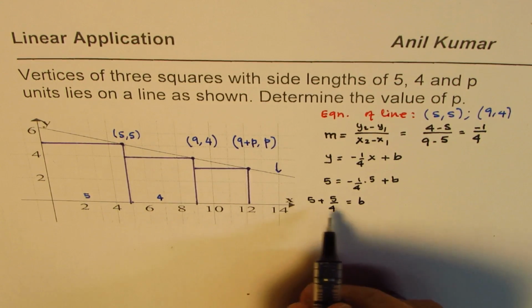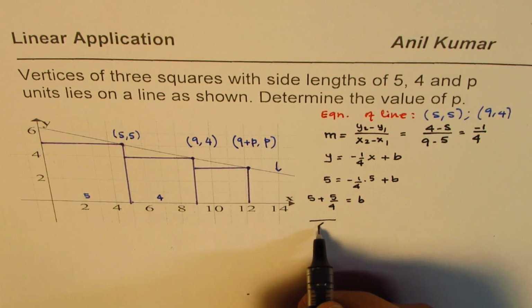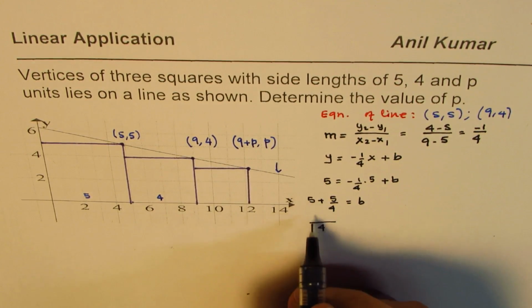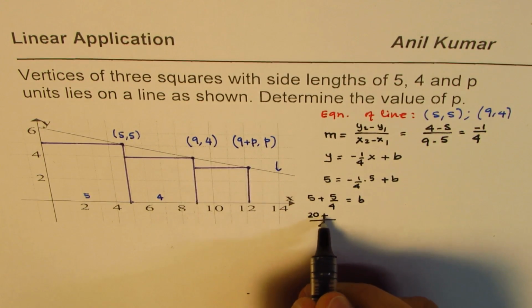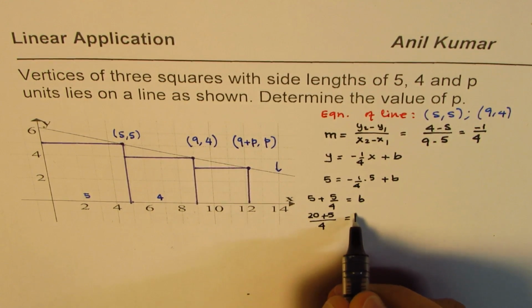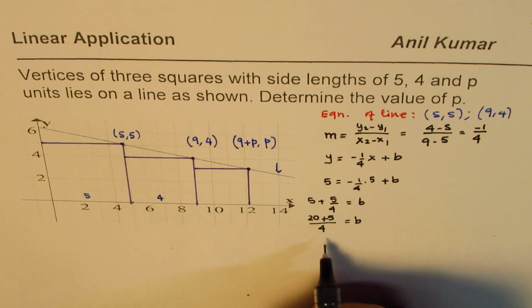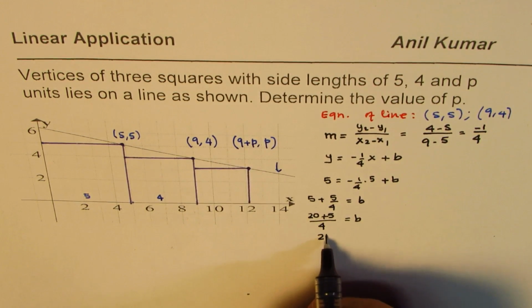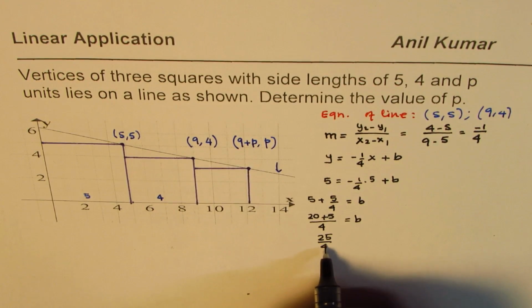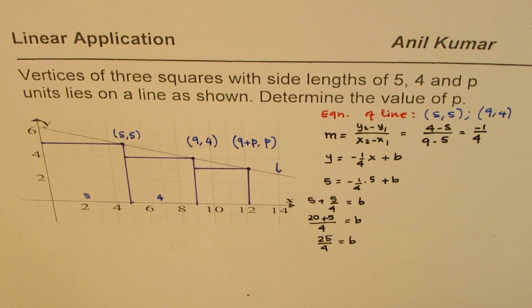Taking a common denominator of 4, 4 times 5 is 20 plus 5, so b equals 25 by 4.